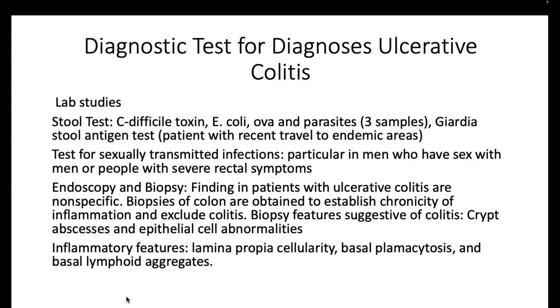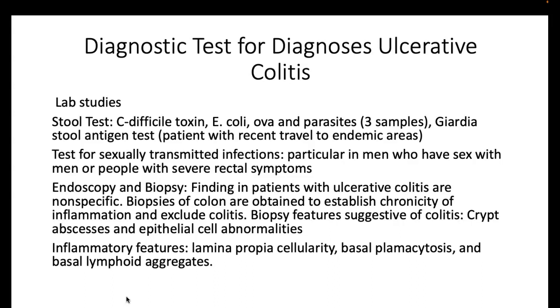We do tests for sexually transmitted infection, particularly for men who have sex with men or people with severe rectal symptoms. Endoscopy and biopsy are done. Findings in patients with ulcerative colitis are non-specific. Biopsies of the colon are obtained to establish chronicity of the inflammation and to exclude infectious colitis.